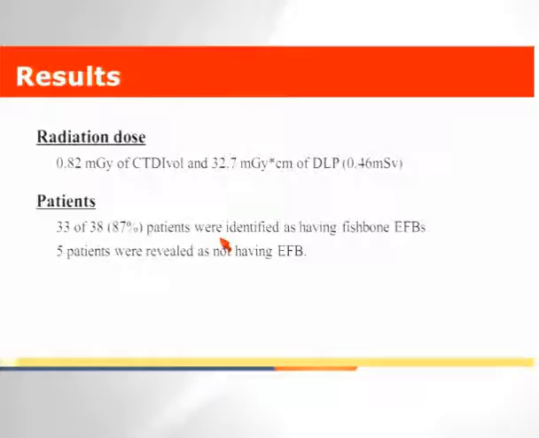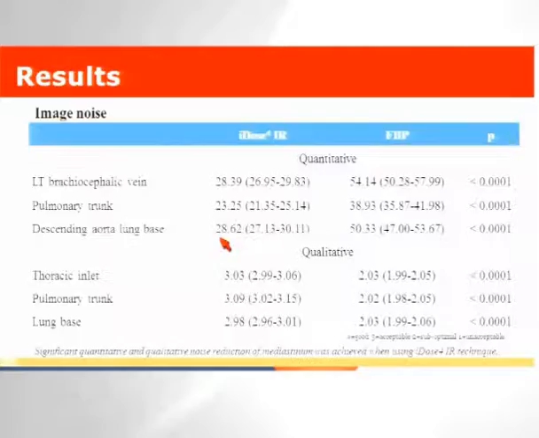Mean radiation dose was 0.46 millisievert, and a total of 33 patients were identified as having fishbone EFB. 5 patients were labeled as not having EFB. The objective image noises were significantly lower in the images using iDose 4 IR.